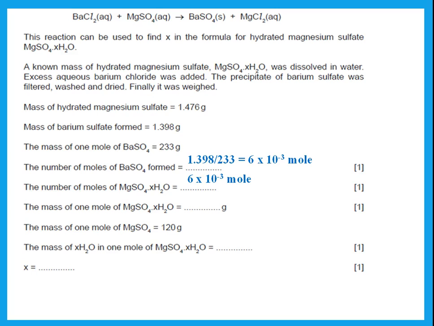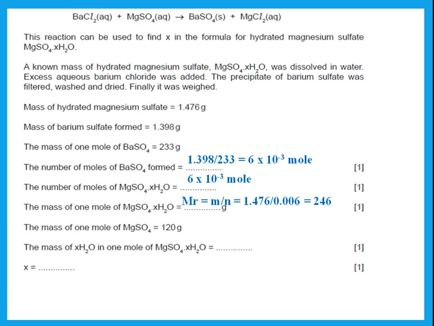Now, the mass of 1 mole of magnesium sulfate, the Mr. Usually the Mr of something I can calculate by adding the masses of each element, but because I don't know what X is, I cannot do that from the periodic table. So I have to do it from the other equation: number of moles is mass over molecular mass. I want molecular mass, so molecular mass is the mass over the number of moles.